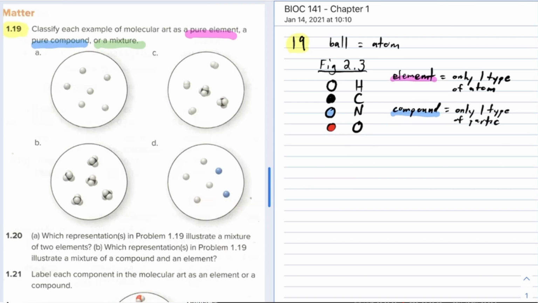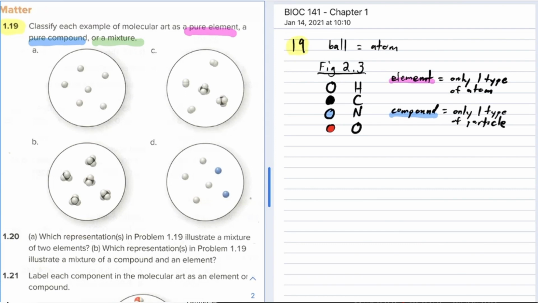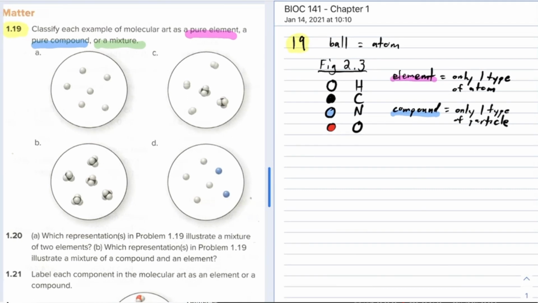And finally, a mixture. The problem is asking us about mixtures again. A mixture is when you will see more than one type of particle. So mixture, we'll color that green. More than one type of particle.